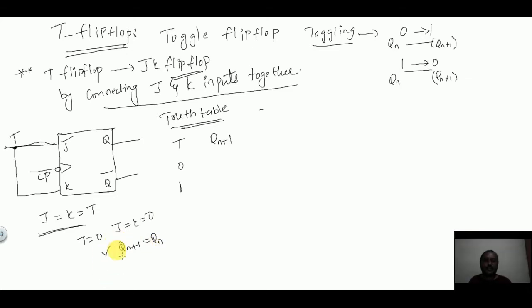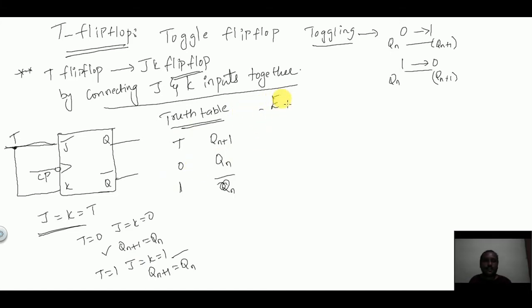This is what we have obtained in JK flip-flop. Similarly, when T is equal to 1, then J is equal to K is equal to 1. When J is equal to 1 and K is equal to 1, then Qn plus 1 is equal to Qn bar. So this becomes the truth table of T flip-flop.